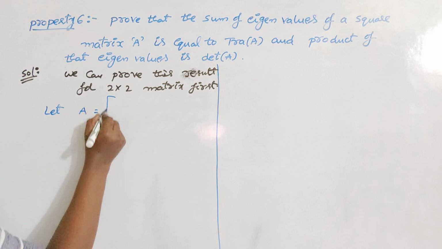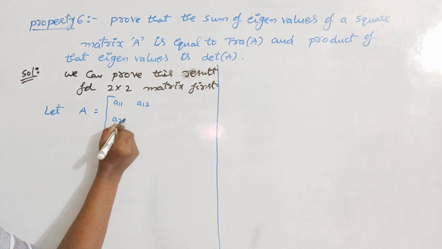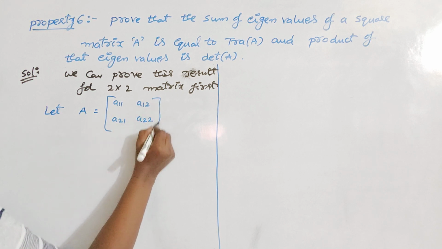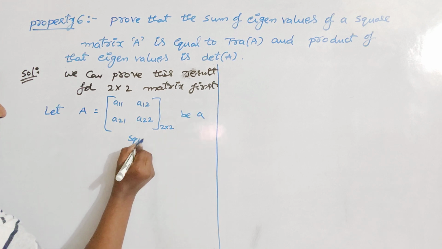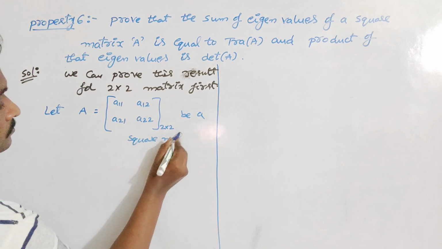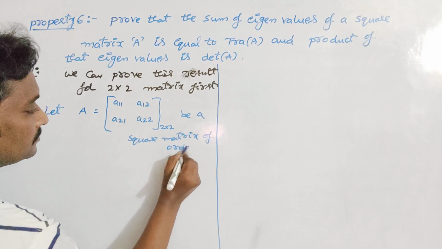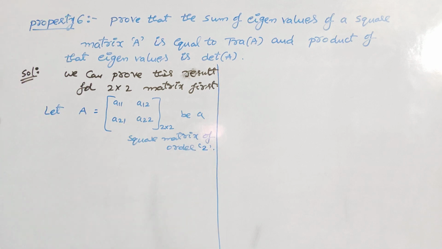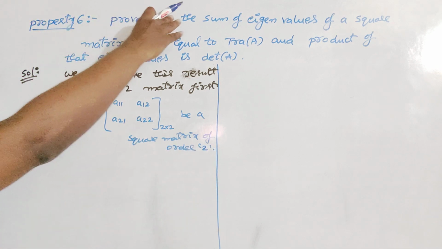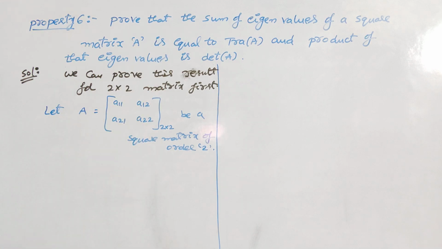Let A be equal to [A11, A12; A21, A22], a square matrix of order 2. So first I am going to prove this result for this 2 by 2 matrix. After that we will prove it easily for higher order matrices also.